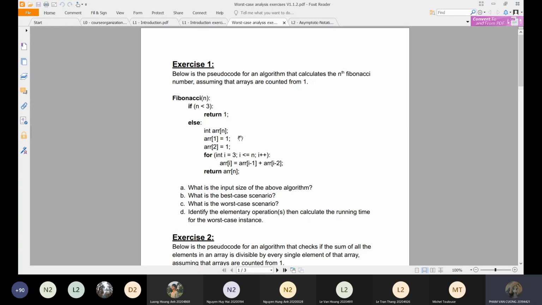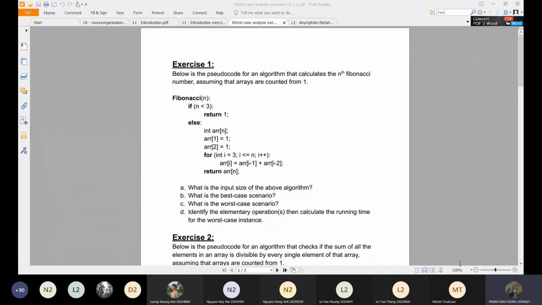So in the worst case scenario, when n is an arbitrary number, how many times does the for loop actually run, do you think? Yep, you're right. N minus 1 times.